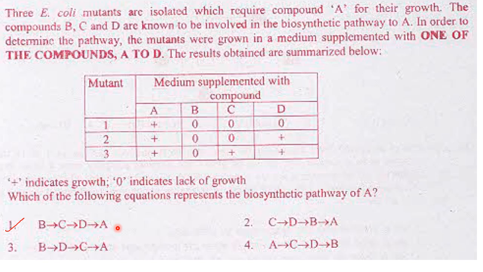So that is how you look at this particular table and deduce the pathway. But if you look at it the other way around, suppose I explain everything. This is mutant 1.